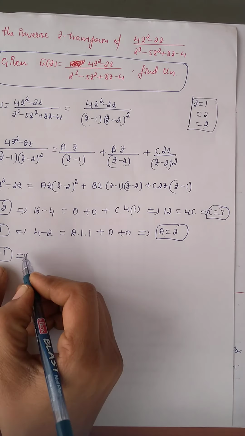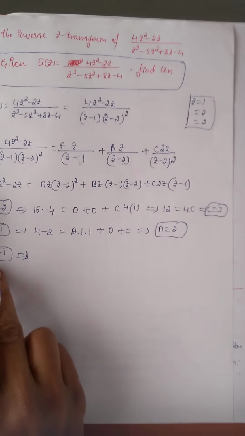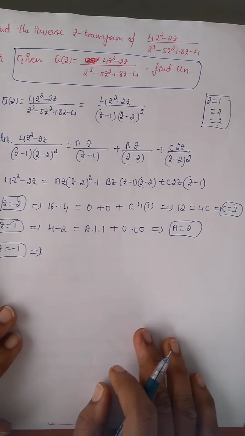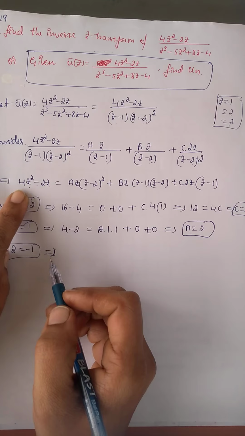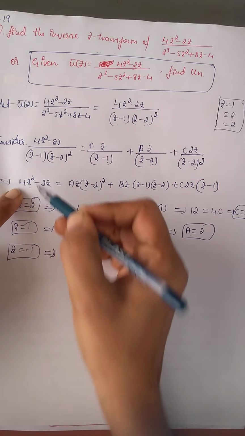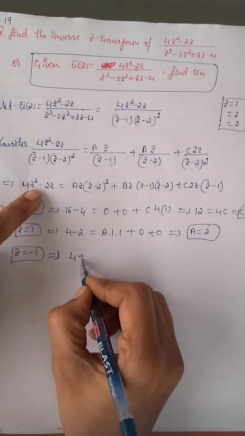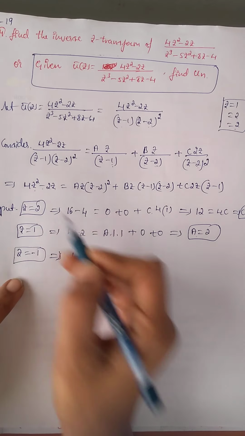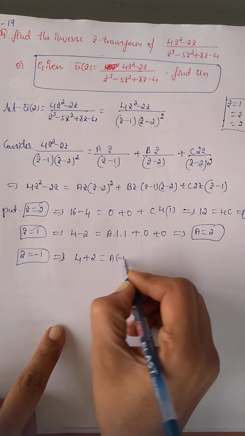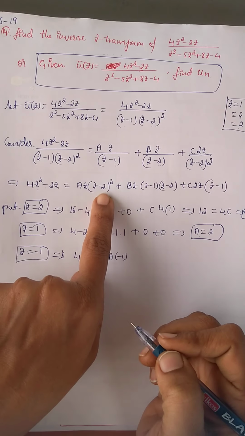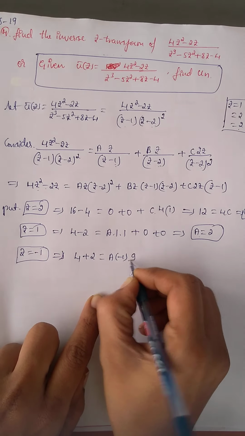I take z value minus 1 and substitute in the above equation. On the LHS, we get 4 into minus 1 whole square, plus, minus 2 into minus 1, which gives plus 2. On the RHS, we get A into z value minus 1, and minus 1 minus 2 is minus 3, minus 3 whole square is 9.